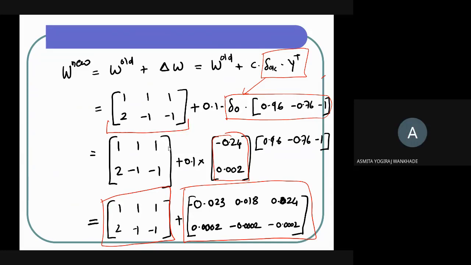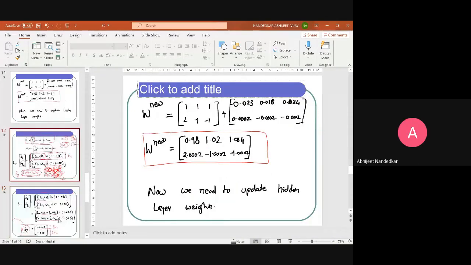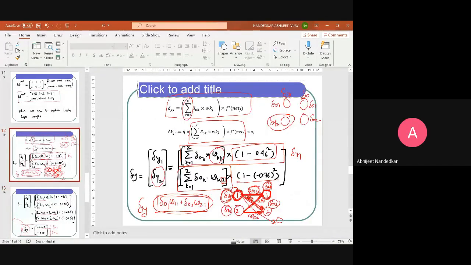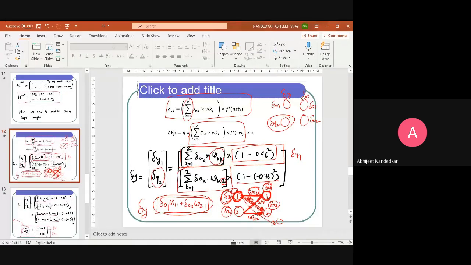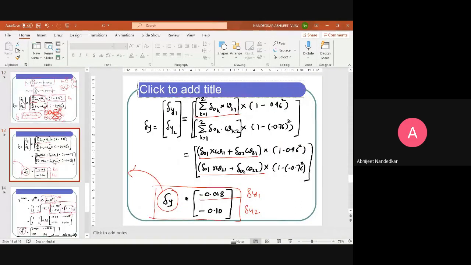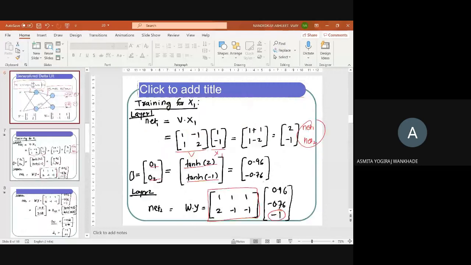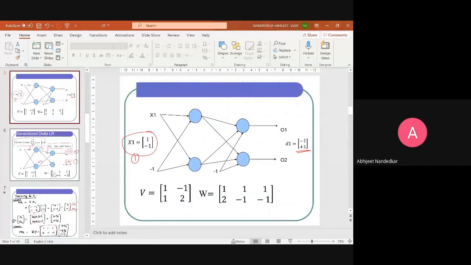Sir, can you repeat once again from layer 2, just a summary, sort of? Okay, this slide, is this fine? Sir, from Dell, just the steps. Which slide you want?